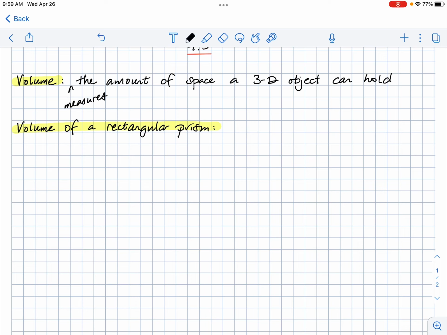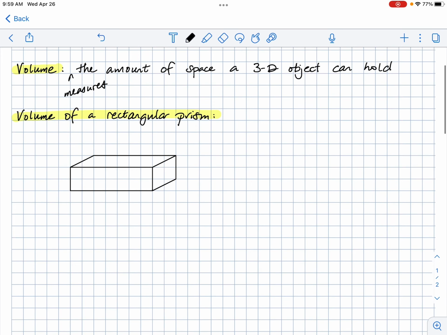I'm just going to draw it so you remember what a rectangular prism looks like in terms of the layout here. Okay, so we've got our prism there.